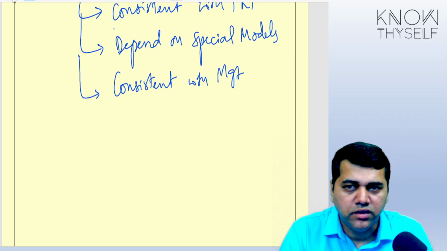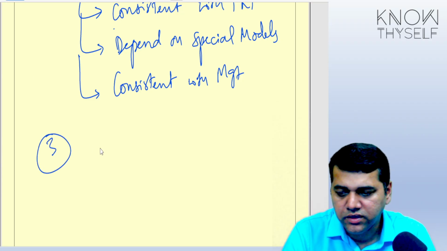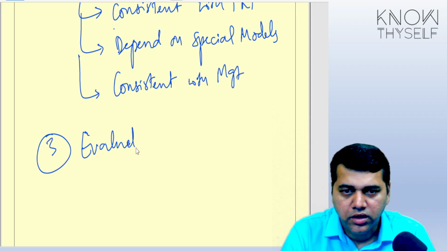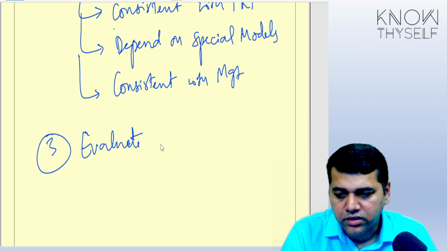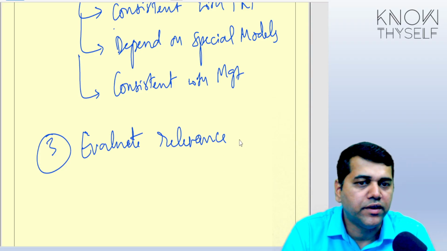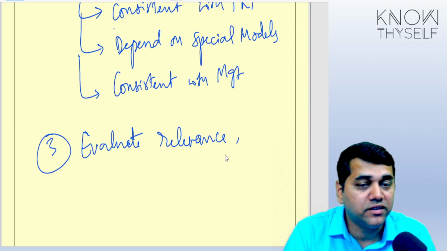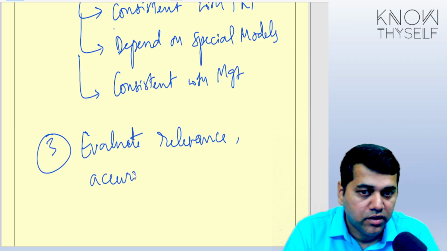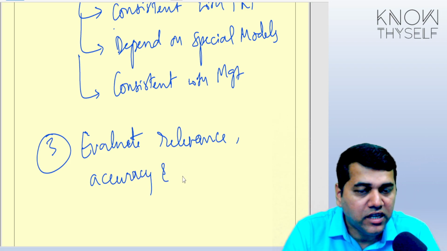Point number 3, what is it that you need to perform? Third, evaluate again relevance. The relevance is there everywhere, but reasonableness doesn't come because data has to be always accurate and complete.